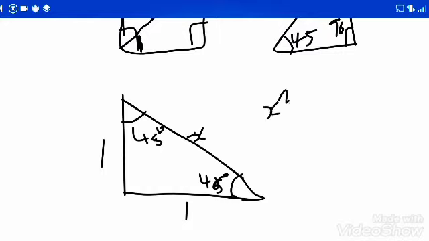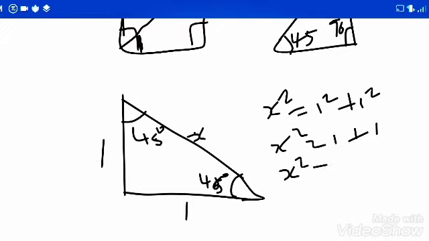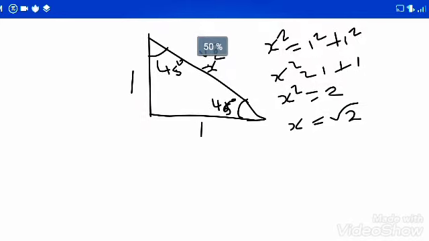According to Pythagoras theorem, x squared is equal to 1 squared plus 1 squared. That means x squared is 1 plus 1, so x squared is 2. That means x is equal to root 2. So the triangle has sides 1 to 1 to root 2.